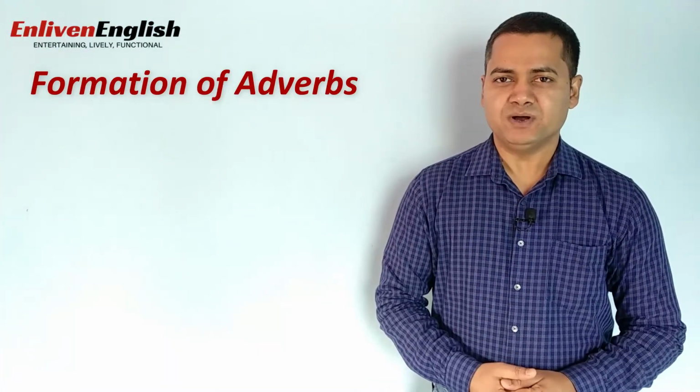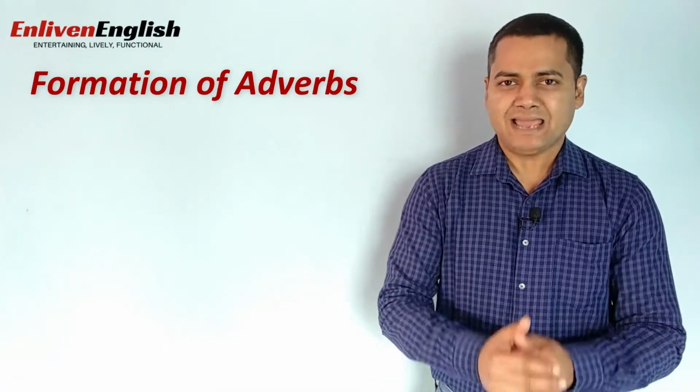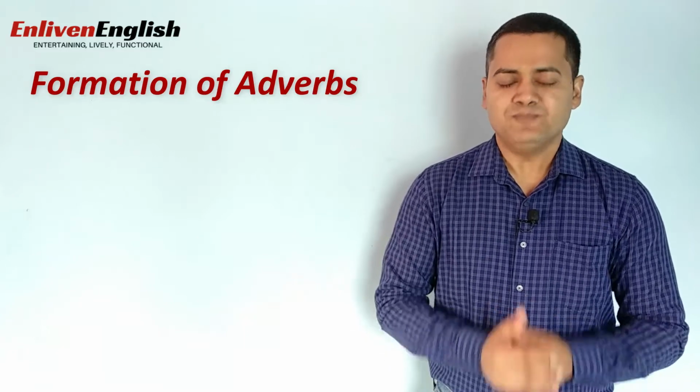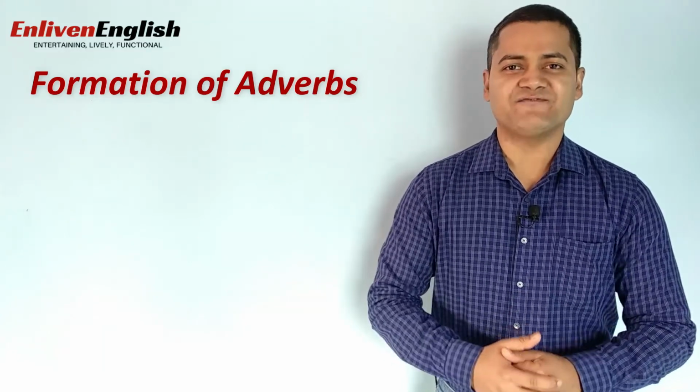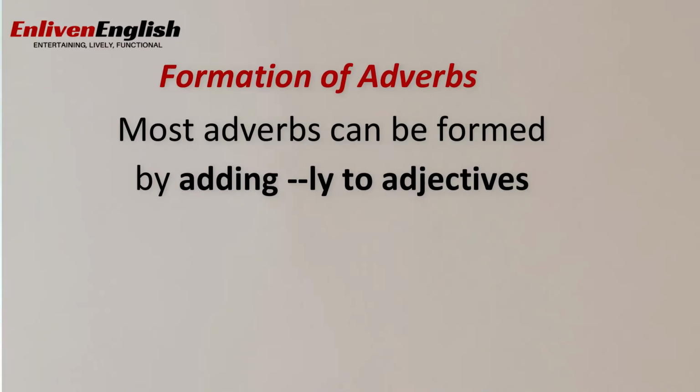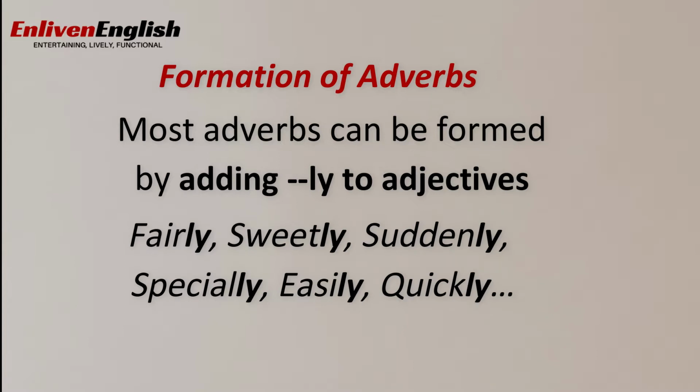Now we know what adverbs or adverbials are. It's time to learn how these are formed. Please pay close attention to the following information. Most adverbs can be formed by adding ly to adjectives, as in fairly, sweetly, suddenly, specially, easily, quickly, and so on.